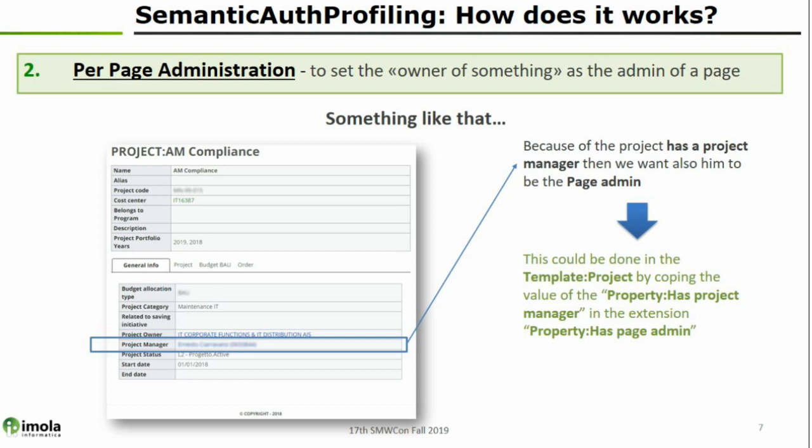And we want to say, okay, if this project has this project manager, he should also be the admin of the page. So the extension could map an arbitrary semantic property on the as page admin property that is known by the extension.